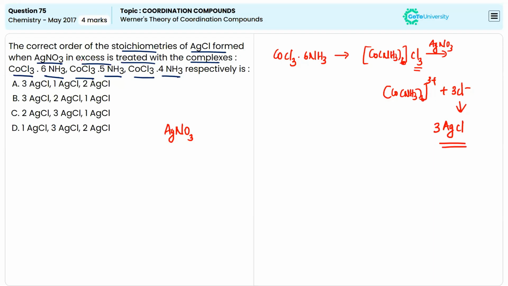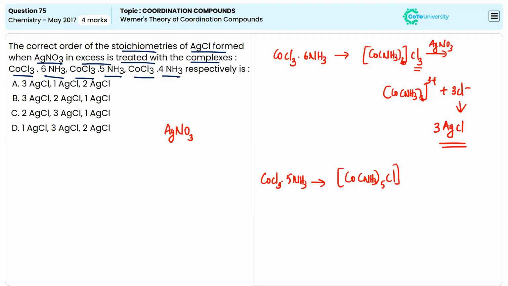Similarly, we can consider the second one as well, that is CoCl3·5NH3. We can represent the compound as [Co(NH3)5Cl], because cobalt forms an octahedral complex, so always 6 ligands will be there, right?